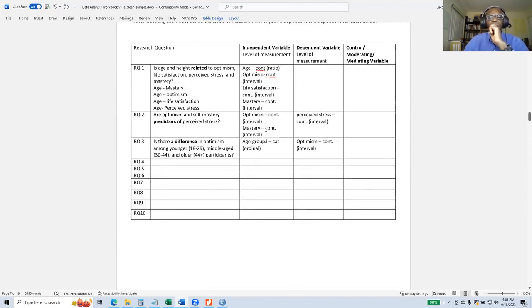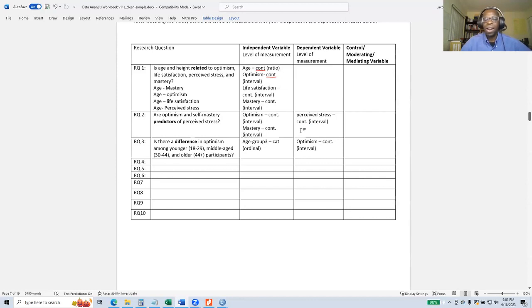They're both continuous. So we've got two independent or predictor variables, and we've got one dependent or outcome variable.